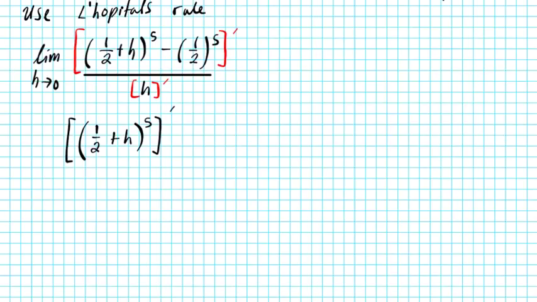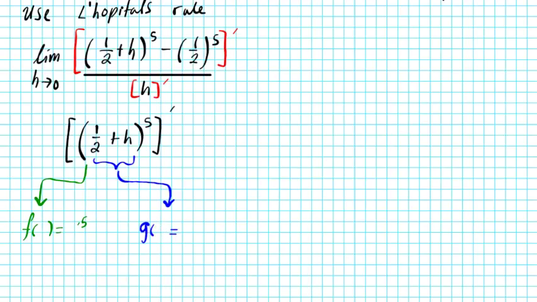So what we're going to do is take out the outer function. f of x is x to the fifth. And then we take out the inner function. g of x is 1 over 2 plus x. Well, our variable is h in this case, so let's just use h as our variable. So f of h and g of h.